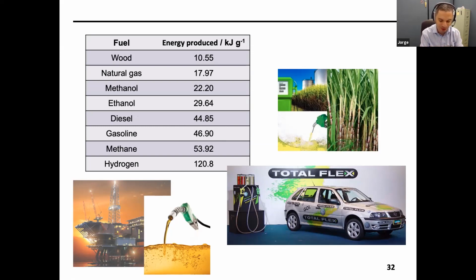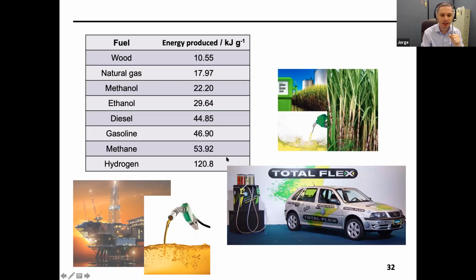So it's a very efficient fuel. And this is the reason that we still run a lot of gasoline. So everybody wants to have a profit. So it's cheap to produce gasoline and produce a lot of heat. So you don't need too much to run your engine. So that's the reason gasoline is still popular.